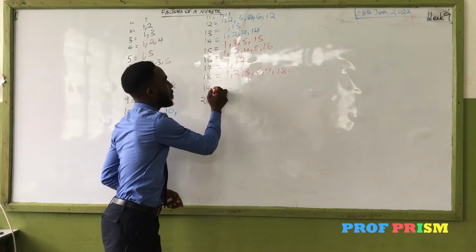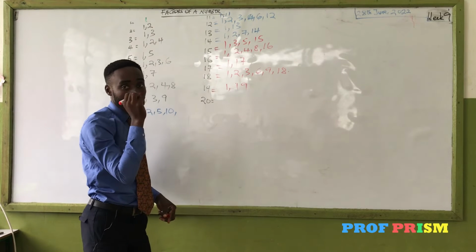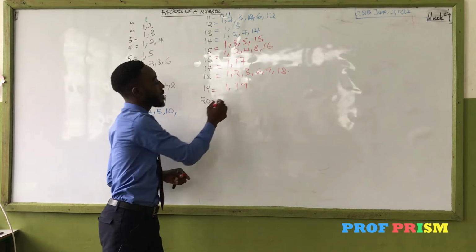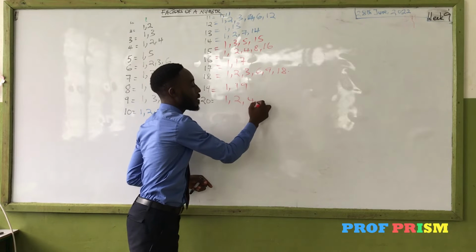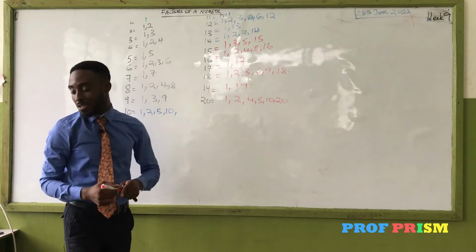All right. 1 and 19. All right. 20. 1, 2, 4, 5, 10, and 20.